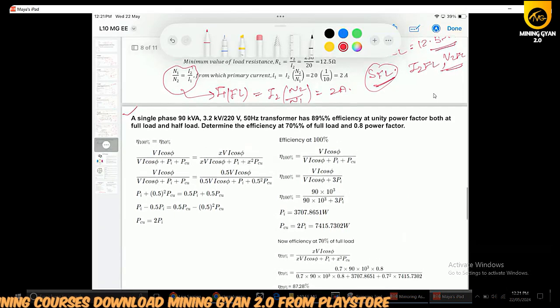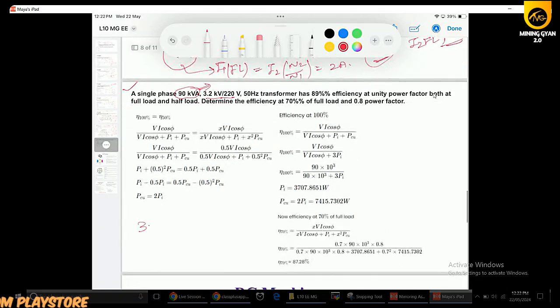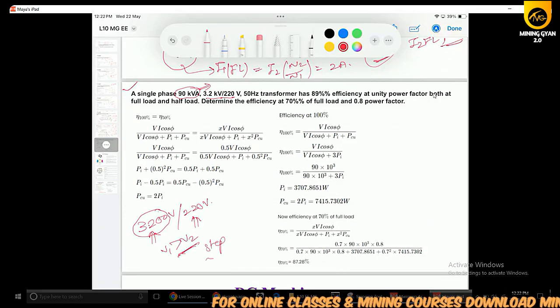The rated output capacity of the transformer is 90 kVA. 3.2 kV means 3200 volts by 220 volts, which means this is the primary voltage and this is the secondary voltage. The primary voltage is 3200, so V1 is greater than V2, so obviously the voltage is getting stepped down, and that's why it is a step down transformer.